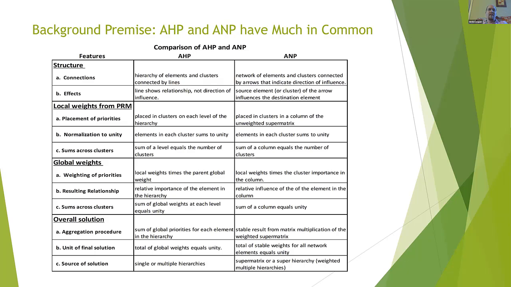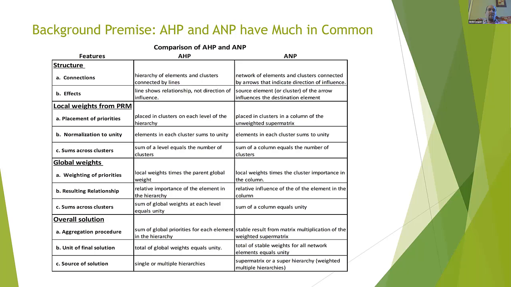If you look at the connections and how we connect clusters and elements, the process is the same there. There are some different effects on how we think of the arrows and the connections between AHP and ANP. Again, we're going to assume we get our local weights from the pairwise ratio matrix, and then those would be in the cluster levels of the hierarchy, where in the ANP, they become the columns in the supermatrix.